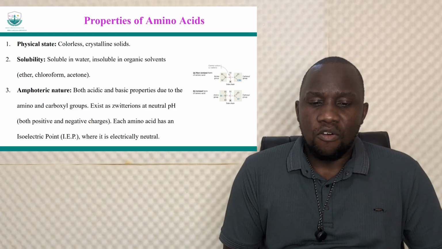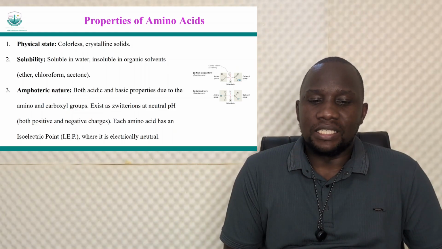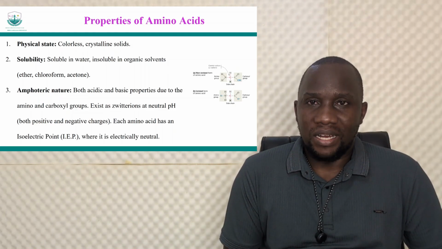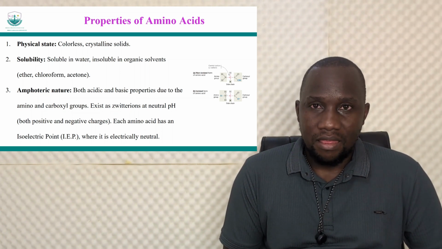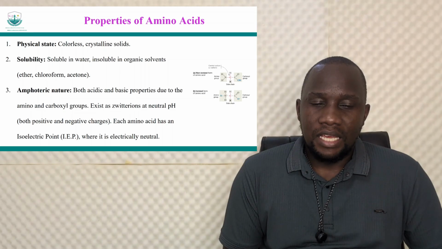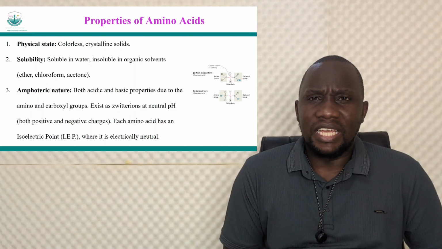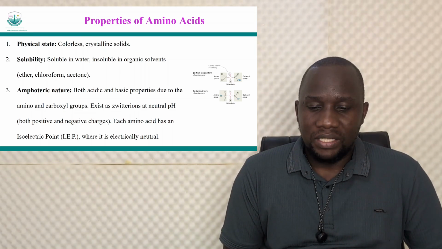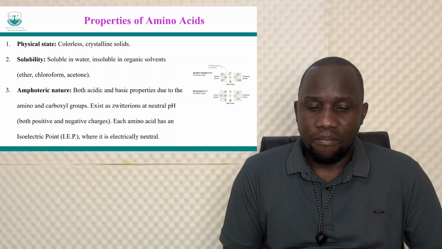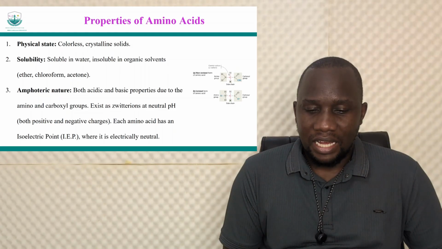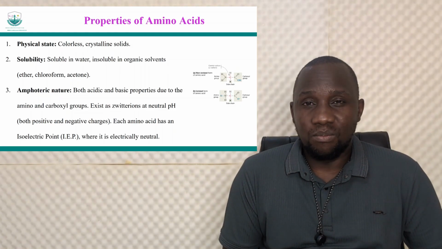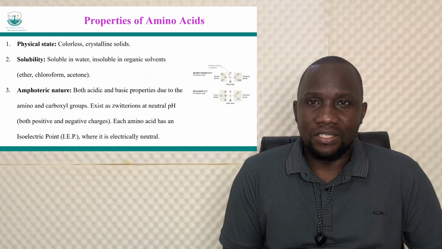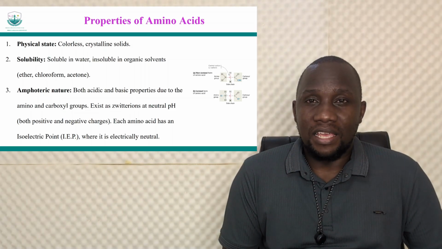Of course, the extent of solubility differs because of the different side chains that they have. And then they are amphoteric in nature, meaning that they can exhibit both basic and acidic properties due to the amino and carboxyl groups. They can exist as zwitterions at neutral pH, meaning that they can have both positive and negative charges.